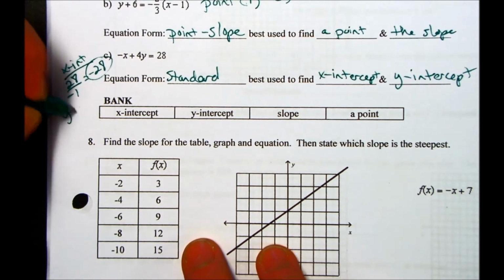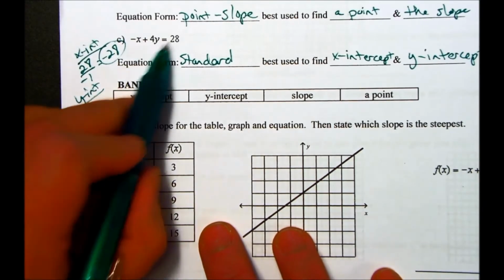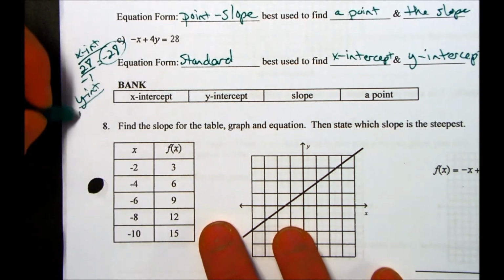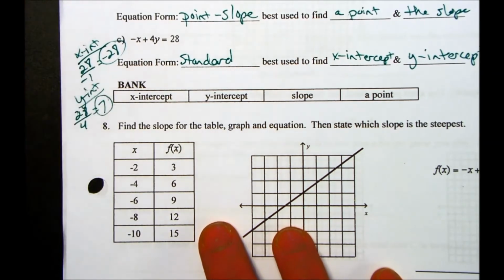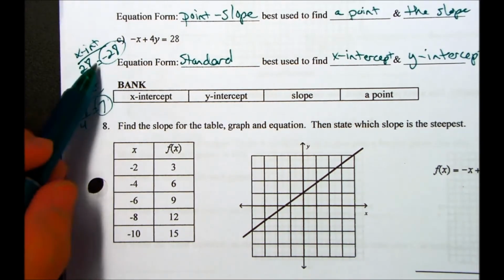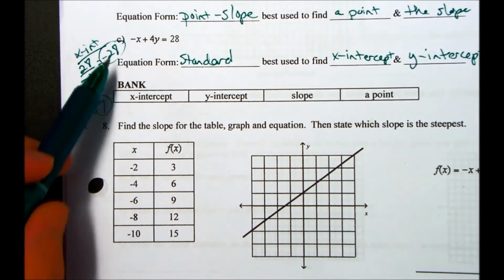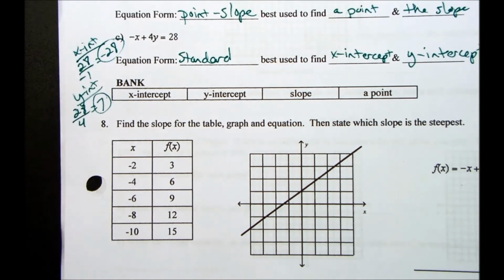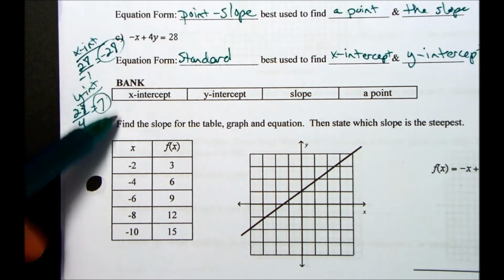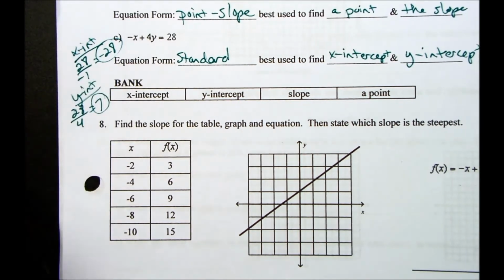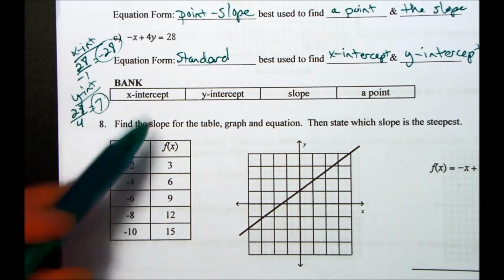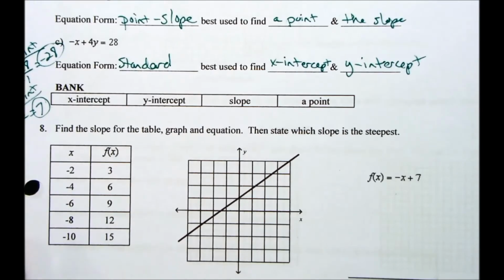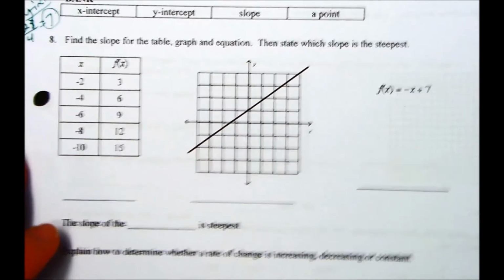And then your y-intercept, you would just take the 28 divided by 4, which equals 7. So your y-intercept would be 7. If negative 28 was on the graph, it'd be easy to graph, but negative 28 probably would not be on the graph, so you might want to rewrite this in slope-intercept form and then use your y-intercept and your slope to find more points. Okay, so that is number 7. Going on to number 8.